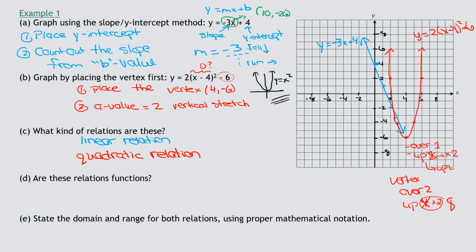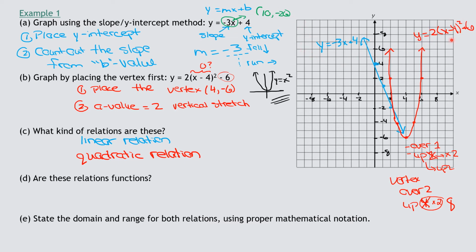So are these relations functions? Think back to the definition I gave you before of the vertical line test. Imagine drawing a vertical line through them. How many times would they cross? So let's look at the line first, the blue line. If I drew a vertical line anywhere through this blue line, it's only going to cross once. So this is definitely a function. And all lines except for a vertical line, which is a rare case, but really all the lines you're ever going to graph this year in y equals mx plus b form, they're all functions.